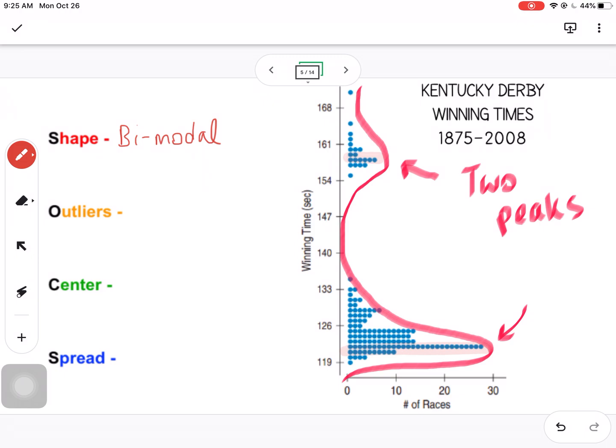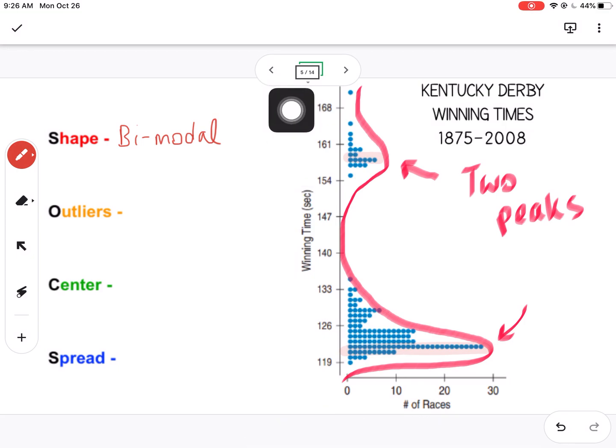Now let's think about what this graph is representing. This is the Kentucky Derby winning times, so horse races, from 1875 to 2008. So it goes from 119 seconds to 168 seconds, and the number of races.